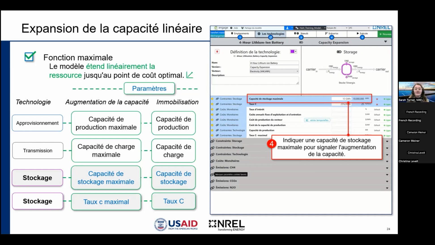We would call this a linear capacity expansion technology, since Engage can linearly expand the technology storage capacity to the cost optimal point, and that is down to the kilowatt hour. This is in contrast to a unit capacity expansion technology, which we will describe in more detail when we develop our conversion technology.